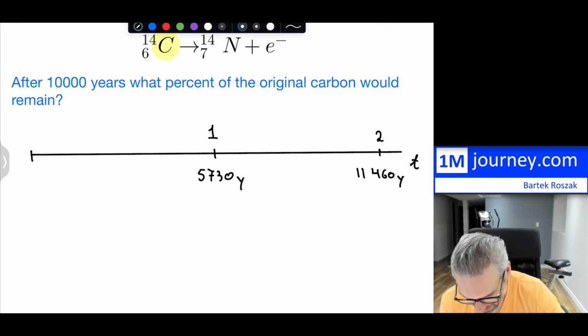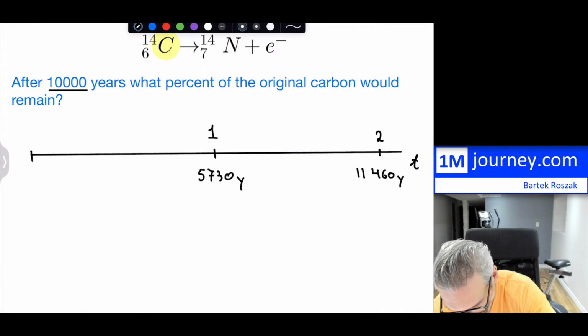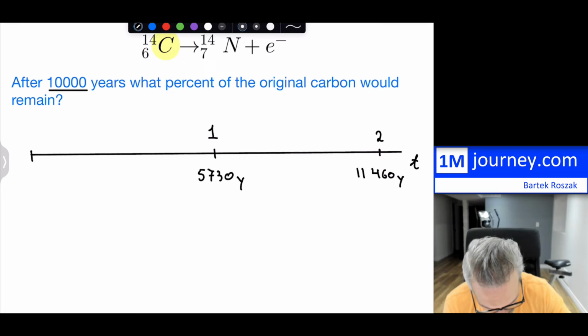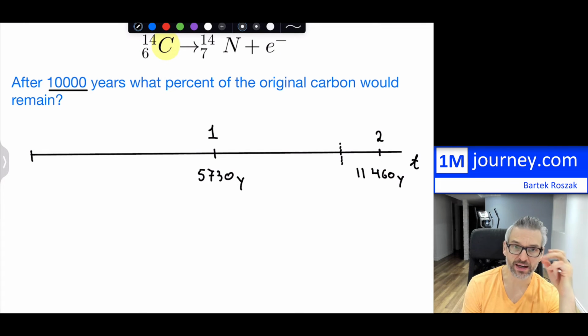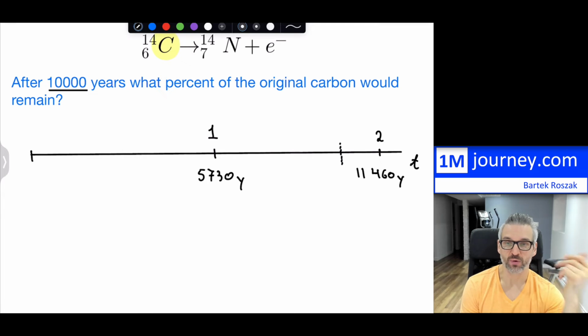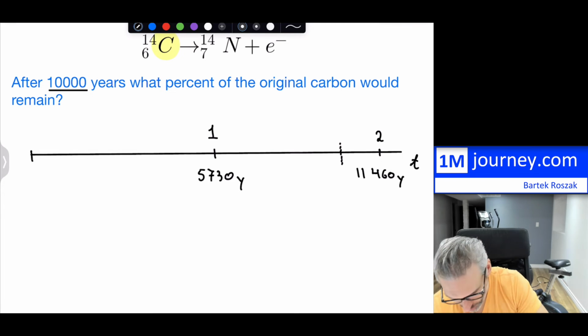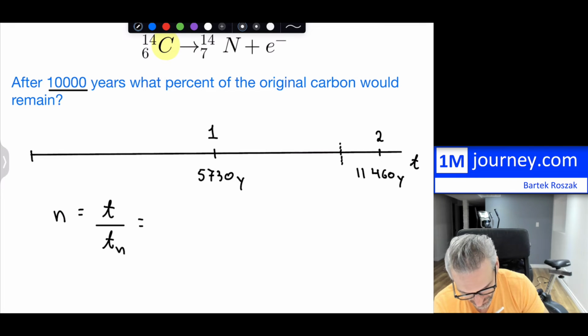Now, if I look at this, and this says 10,000, it looks like maybe it's somewhere over here. As you can see, it's definitely not as many half-lives as we would want. So how many half-lives is that? Well, in order to obtain that, the number of half-lives is your total time divided by the half-life time.